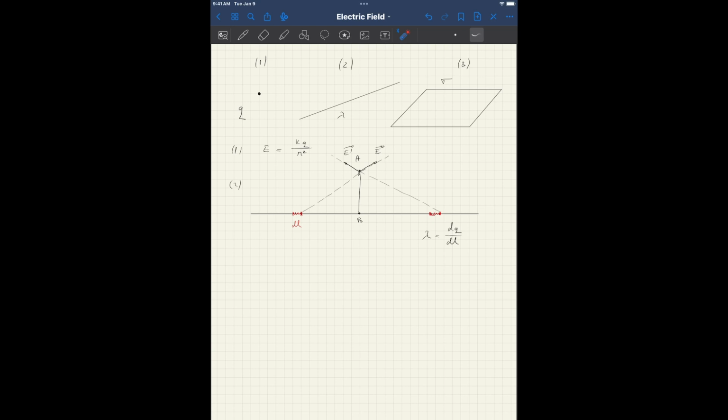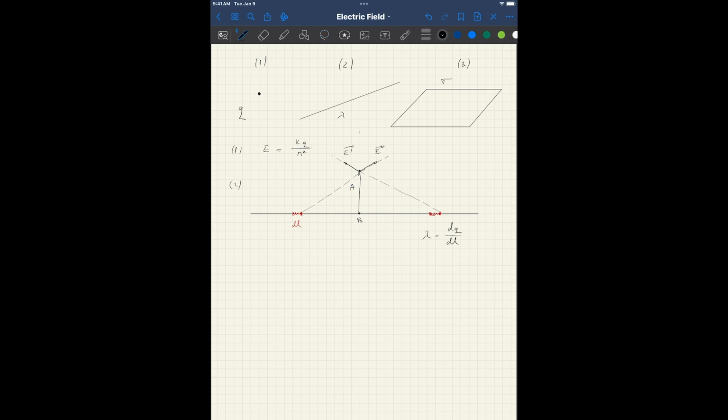So let's say we choose a point here. There will be a symmetrical point on this side that will create two symmetrical electric fields that will cancel their horizontal components out. So if we want to add the contributions due to every point of the wire, we only need to add the vertical components because the horizontal ones will cancel out.